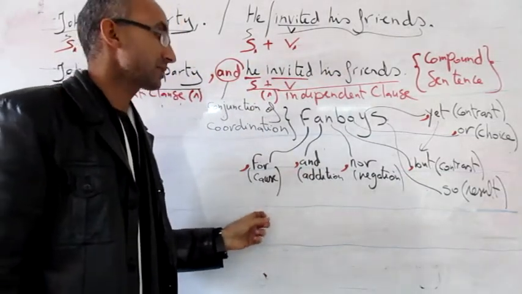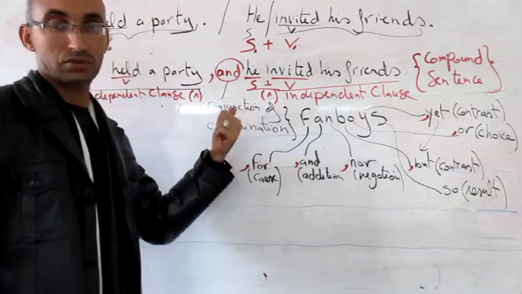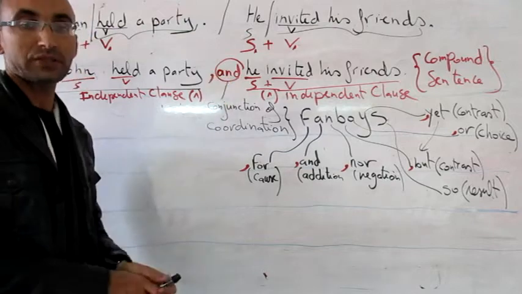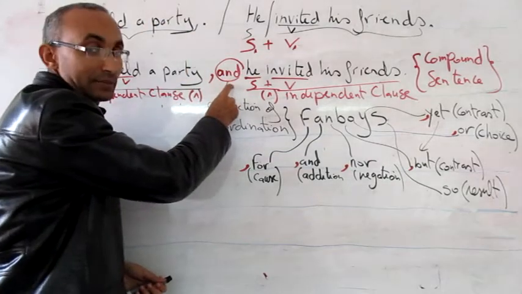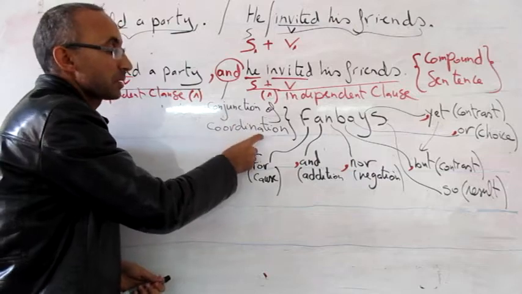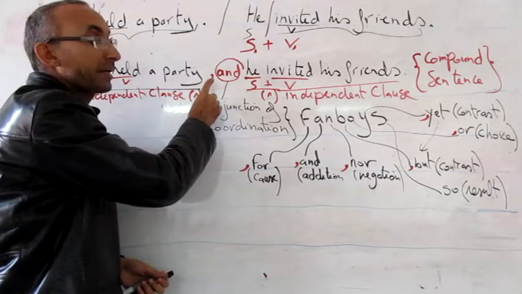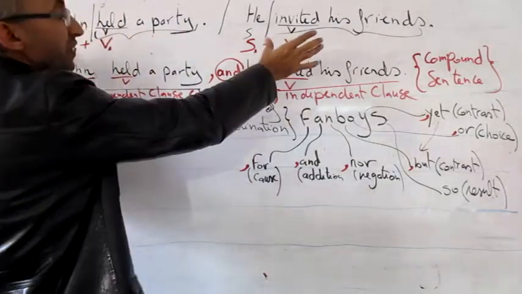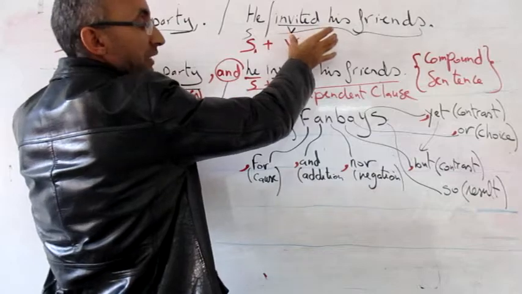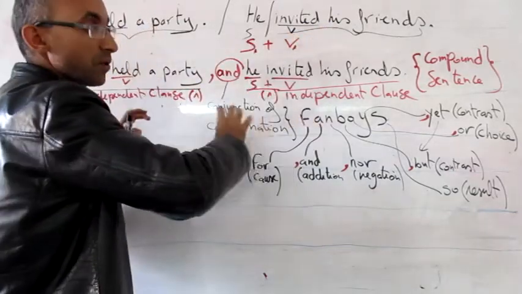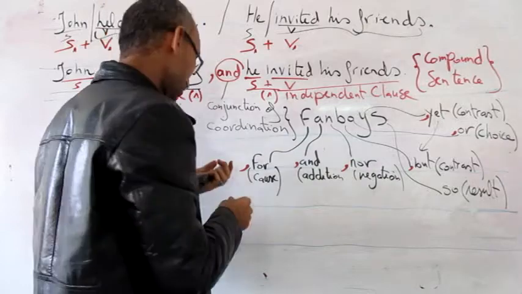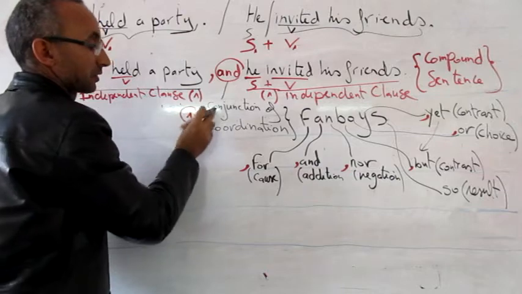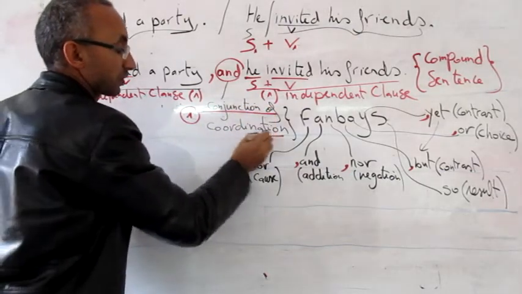In the first way of forming this type of sentence, I used two things: a conjunction of coordination plus a comma, punctuation. There are still two other ways to join these two simple sentences into one and form a compound sentence. So, here's number one, using conjunctions of coordination.